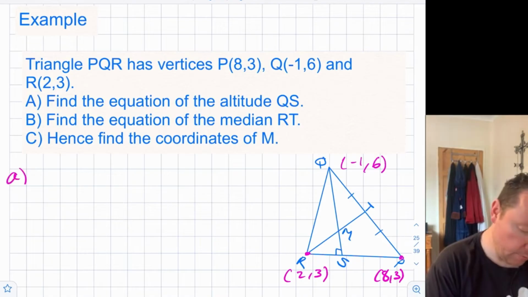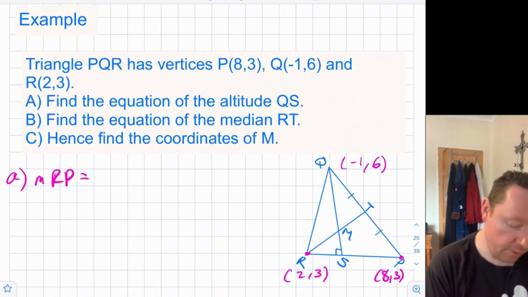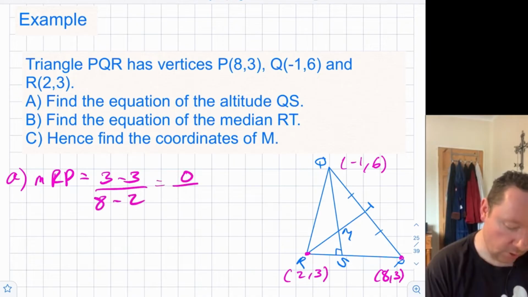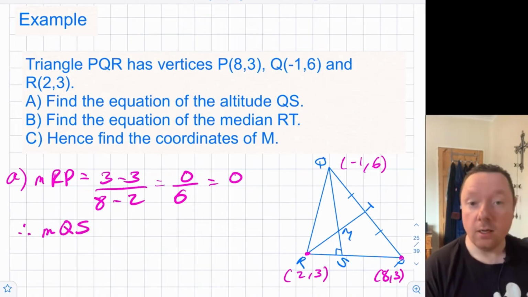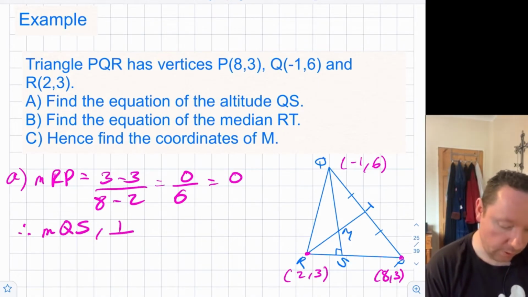Part A, the gradient between R and P. We'll just use the gradient formula anyway. 3 minus 3, which you can see is 0 straight away, over 8 minus 2, so 0 over 6, which is 0. Therefore, the gradient of QS, which is at right angles, perpendicular, is undefined in this case.